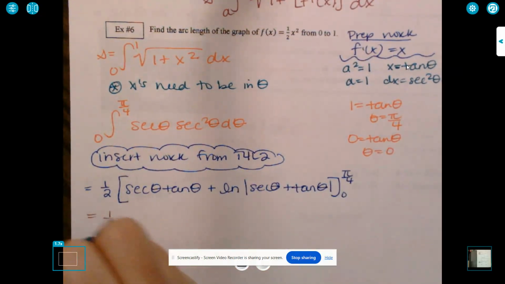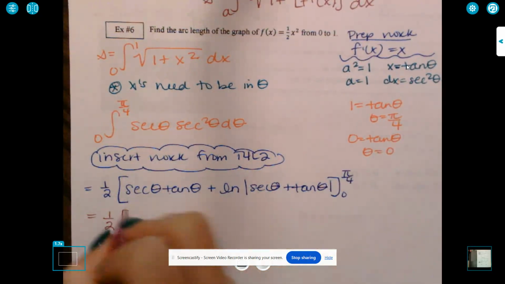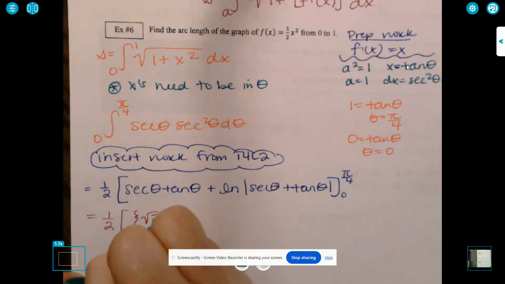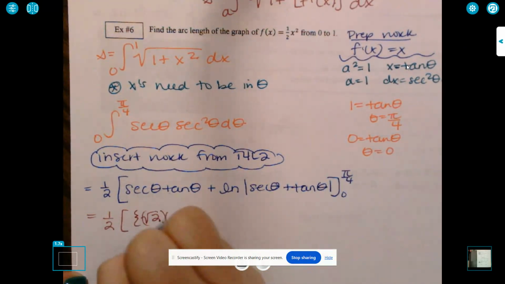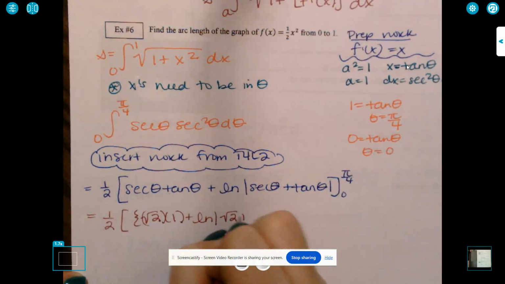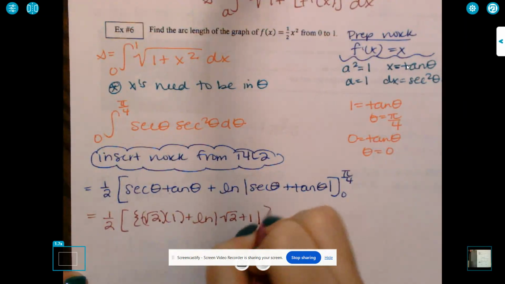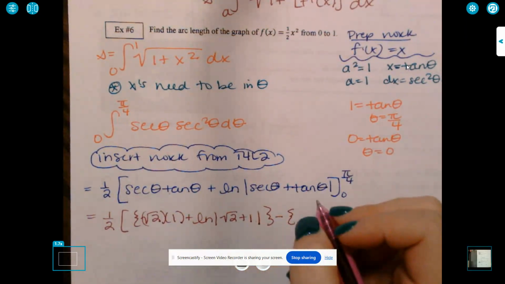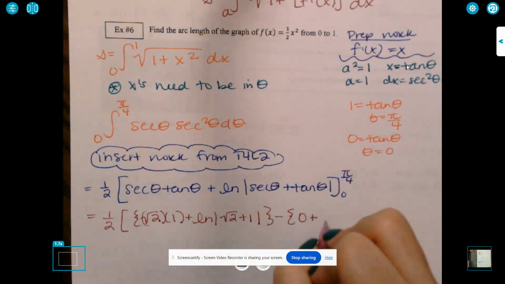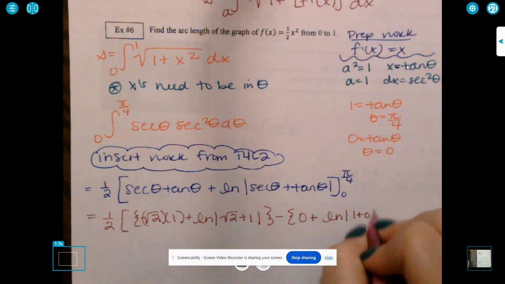It's going to take us, again, that's using your unit circle, so it's going to be the square root of 2 times 1 plus the ln of the square root of 2 plus 1 minus 0 plus the ln of 1 plus 0.